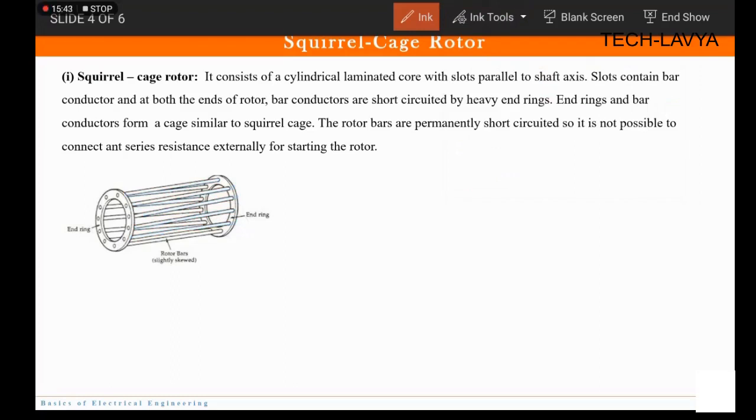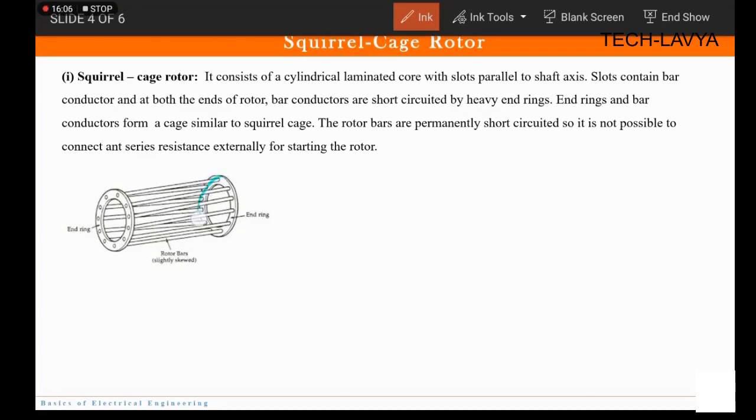Then the slots contain bar conductors. Please remember, we do not have a winding kind of thing. They have solid bars which are placed in between. These slots contain bar conductors, and at both the ends of the rotor, the bar conductors are short circuited by the heavy end rings.